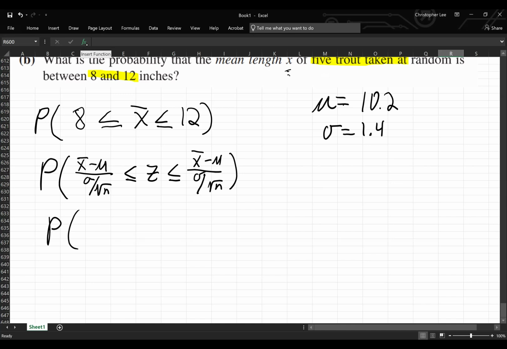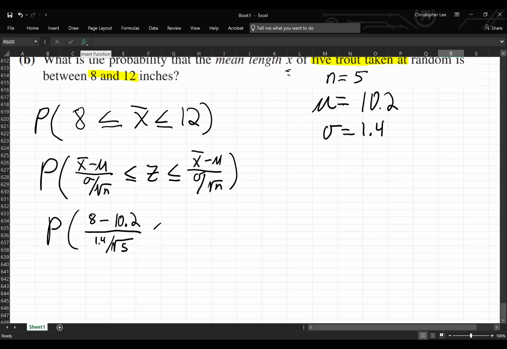The probability of X bar is gonna be 8 minus the mean, which is still the 10.2, over our standard deviation, which is 1.4, over the square root of n, which we just found in this story is 5. Right? So right here where it says 5, that's my n is equal to 5.